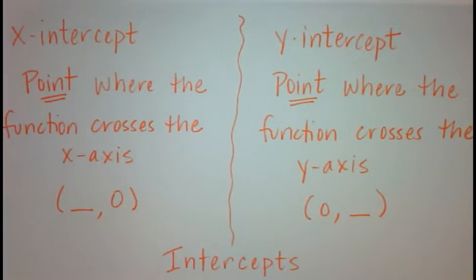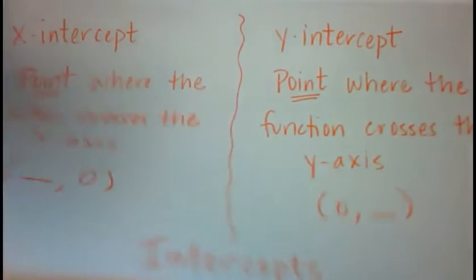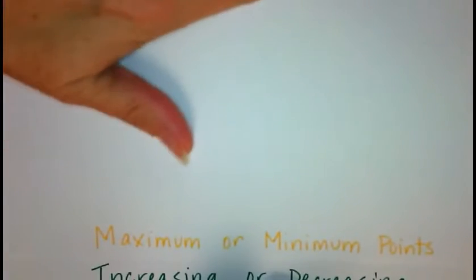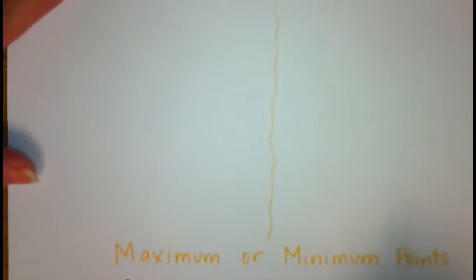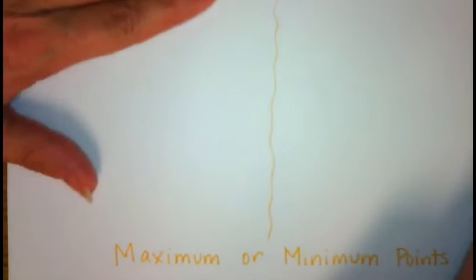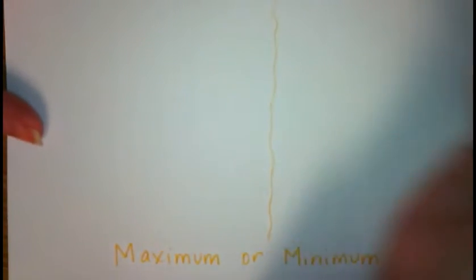All right, next one. We're going to go on to maximum or minimum points. So we flip this page. So now we're on maximum and minimum points. And again, I'm going to split my page in half because we have two different ones that we're going to talk about.